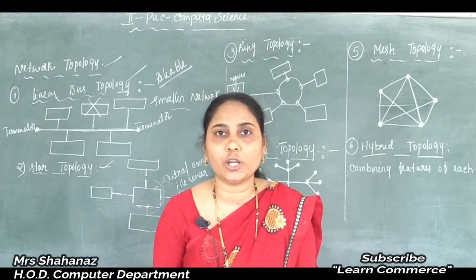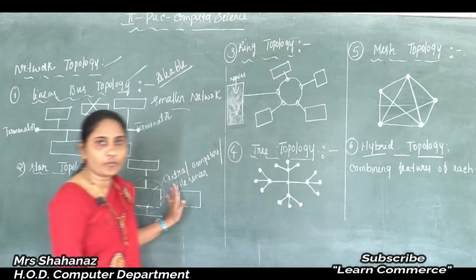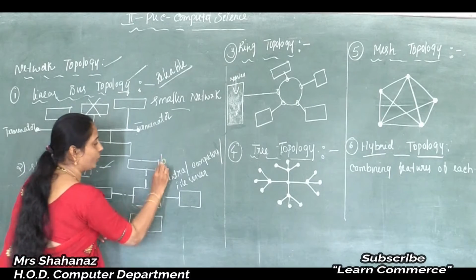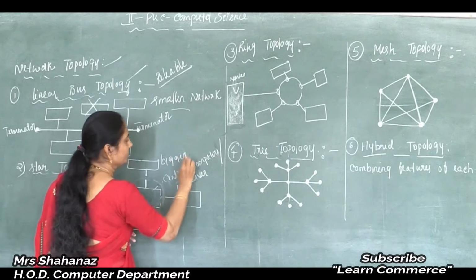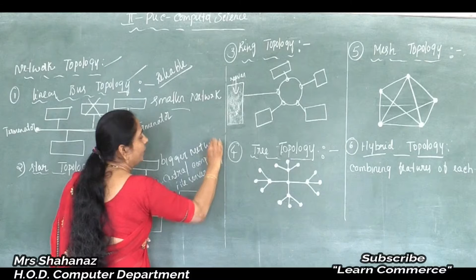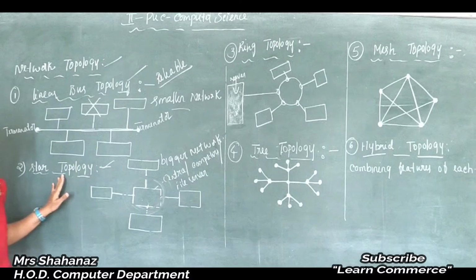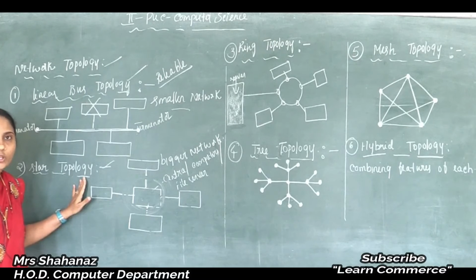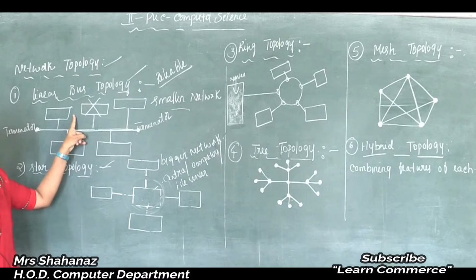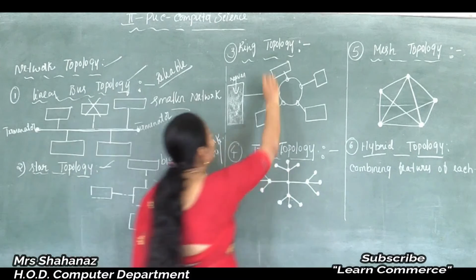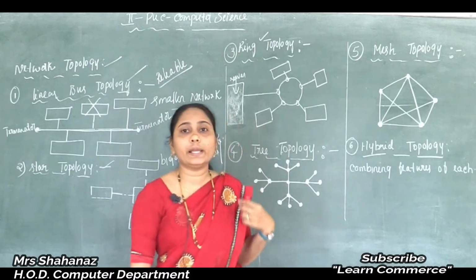So this topology requires an extremely powerful file server and is especially used for bigger network installations. As we know, the linear bus topology is especially used for smaller networks, and this is for bigger networks. Next one is our ring topology.